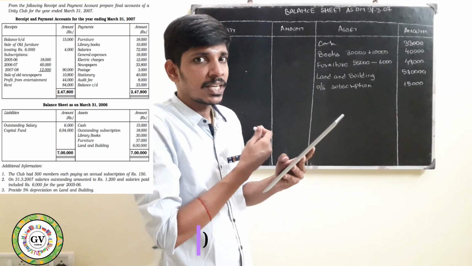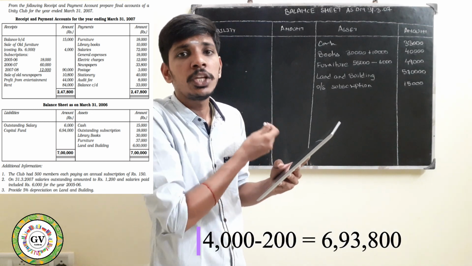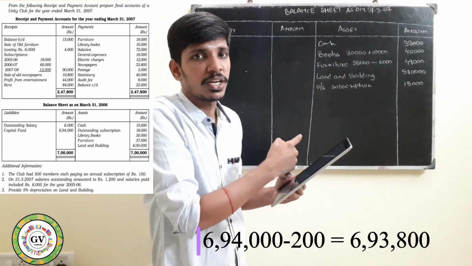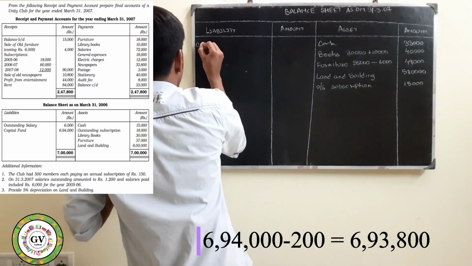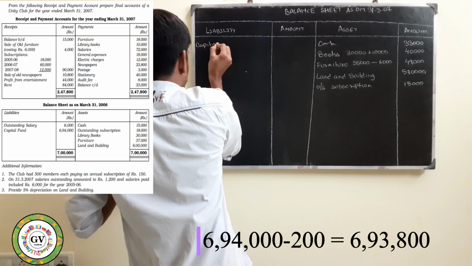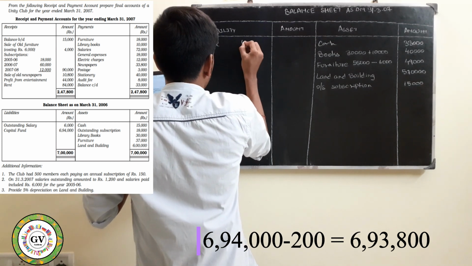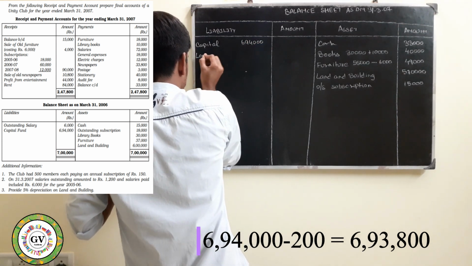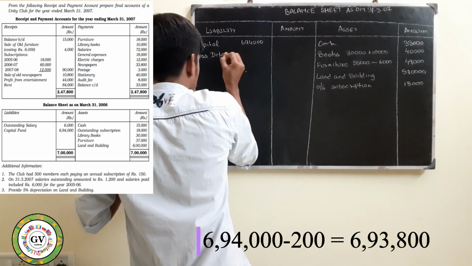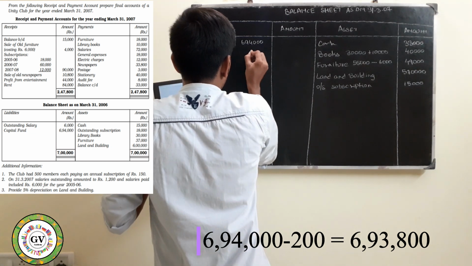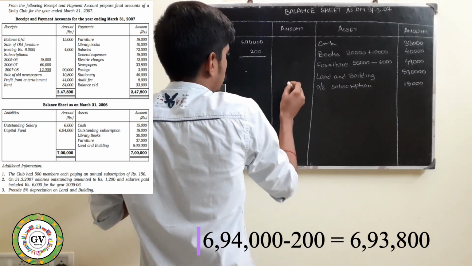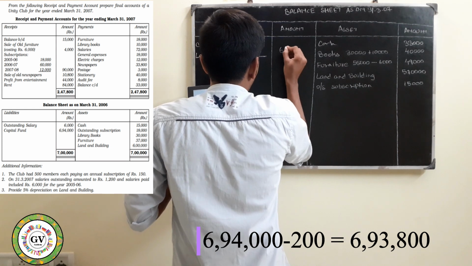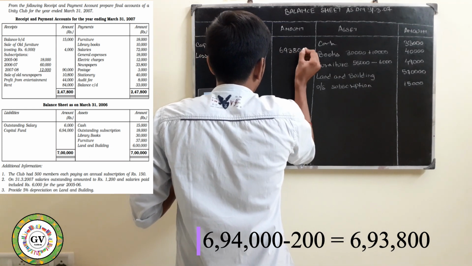And on the liability side, along with the opening capital, we need to adjust the deficit of 200 which we have calculated in the income and expenditure account, which amounts to 6,93,800.